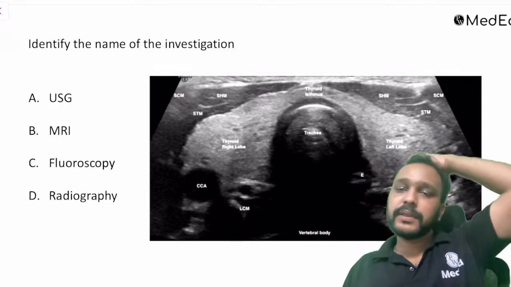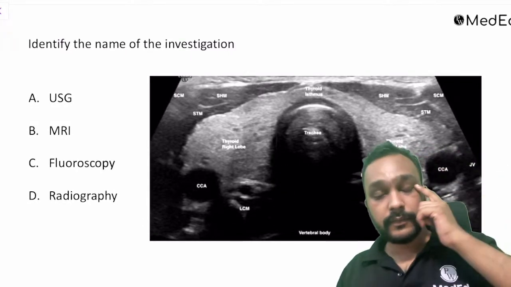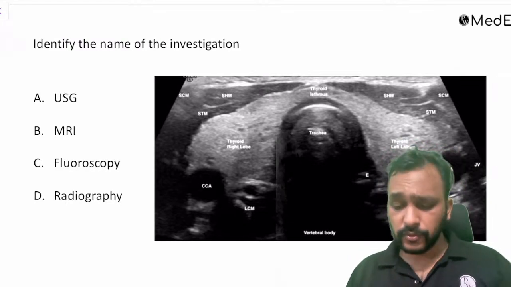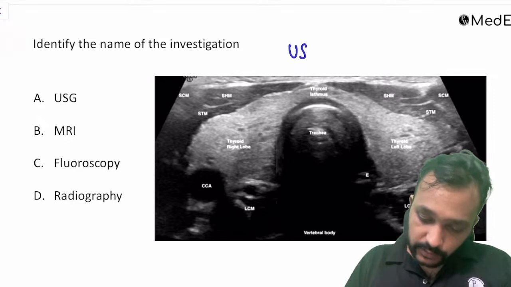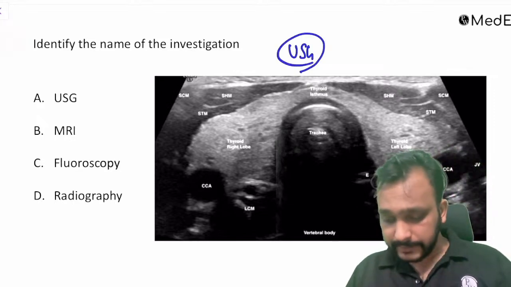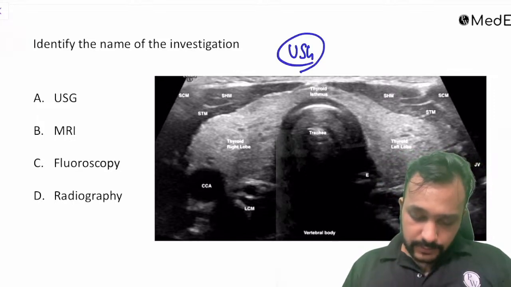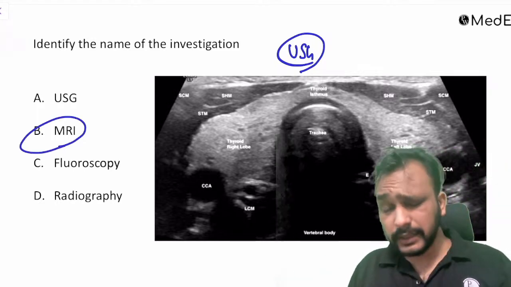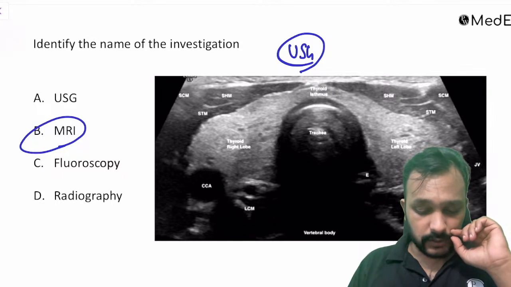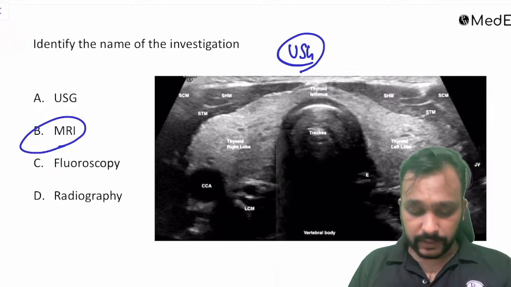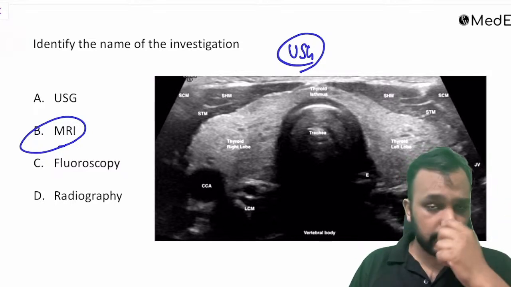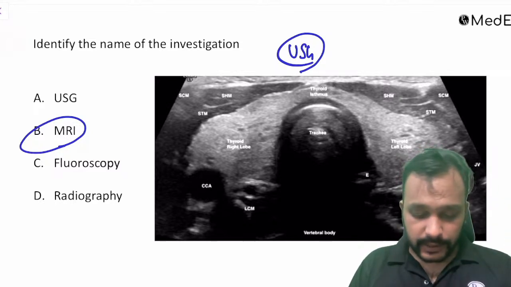Identify the name of the investigation, right? Very simple question if you have seen this image before. So this is an ultrasound image of thyroid gland. MRI you all know, okay? You must have seen MRI of the brain, of the joints like your shoulder, knee, right?